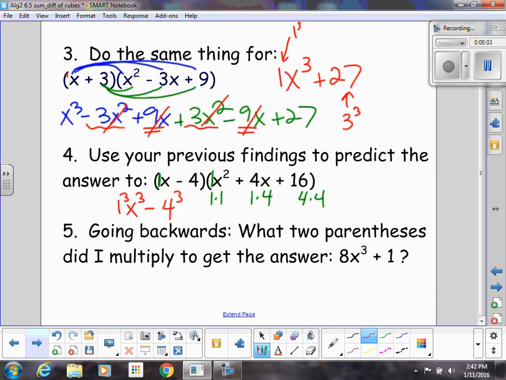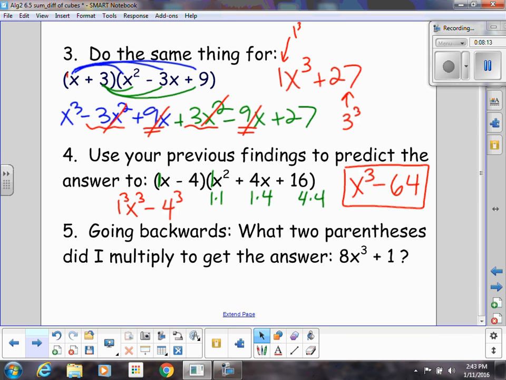So that would be 1 cubed is 1, x cubed minus 64. I would guess that when I distribute that out, that's what I would get. Okay? So that's the pattern that I'm trying to see. It's recognizing that pattern in these cube numbers.